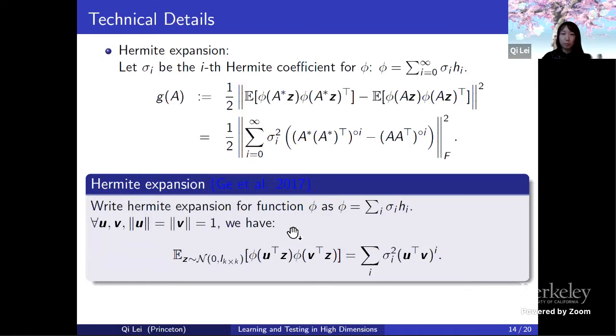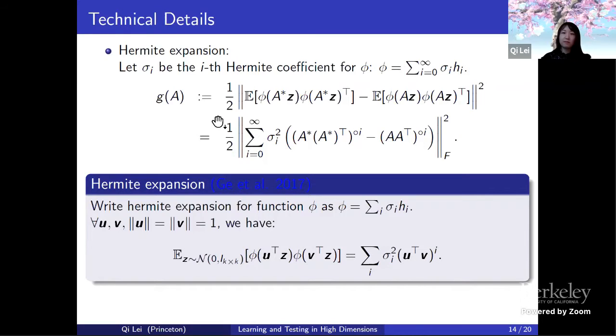So for any function that can be written as a Hermite expansion, if the input is unit Gaussian, then the expectation of phi(u transpose Z) times phi(v transpose Z) can be written as the summation of the Hermite coefficient squared times (u transpose v) to the i-th power.